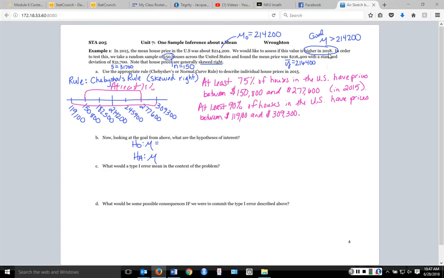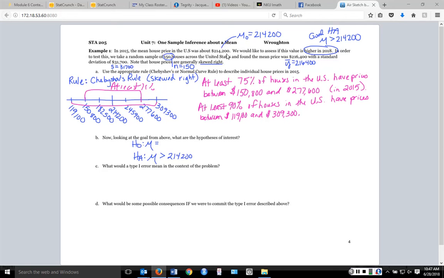So if I go back up here, I actually already labeled this sign. We want to see if this value is higher in 2018. So we want to see if it's higher, so we chose that greater than sign. Higher than what? Whatever it was. It was $214,200.